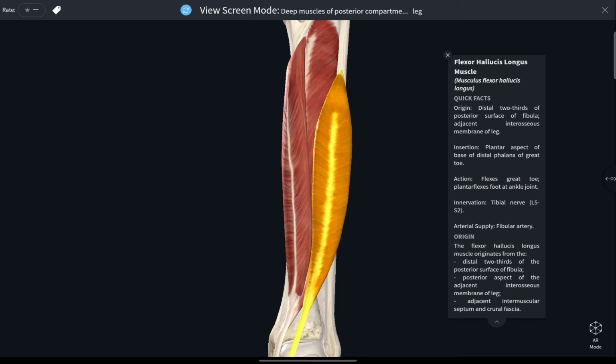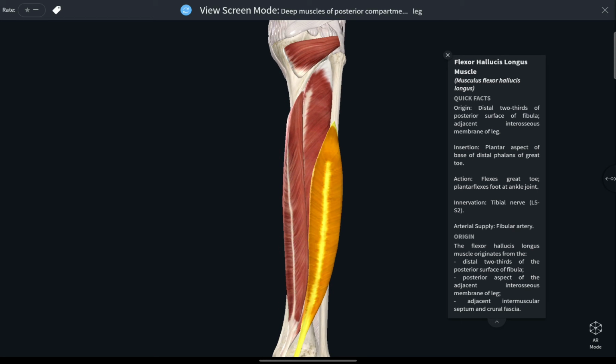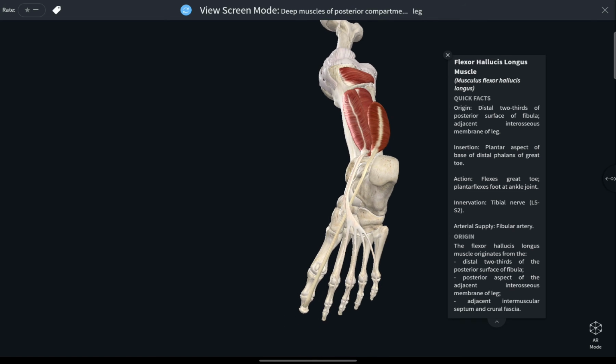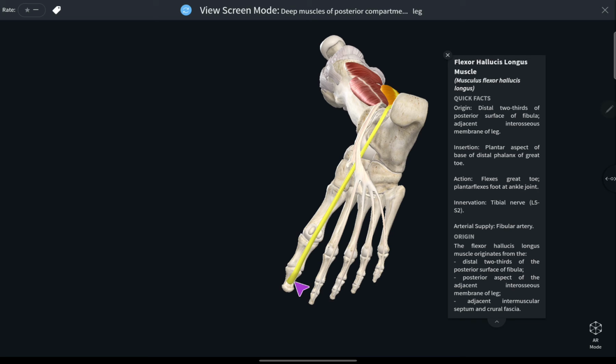It originates from the distal 2/3 of the posterior surface of fibula, adjacent interosseous membrane of leg, and it goes like this, and it is inserted here, that is at the plantar aspect of the base of the distal phalanx of the great toe, and the action is to flex the great toe and plantar flex the foot at the ankle joint, and it is innervated by the tibial nerve.